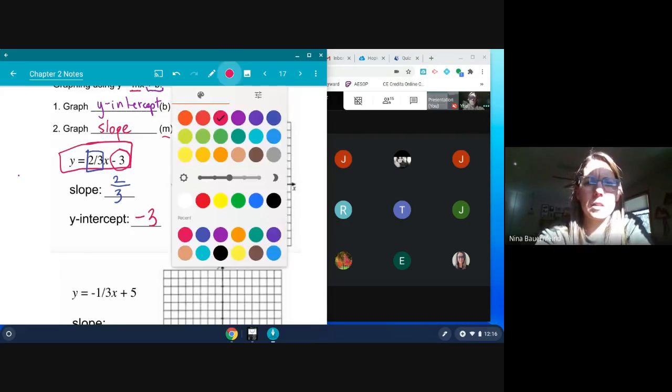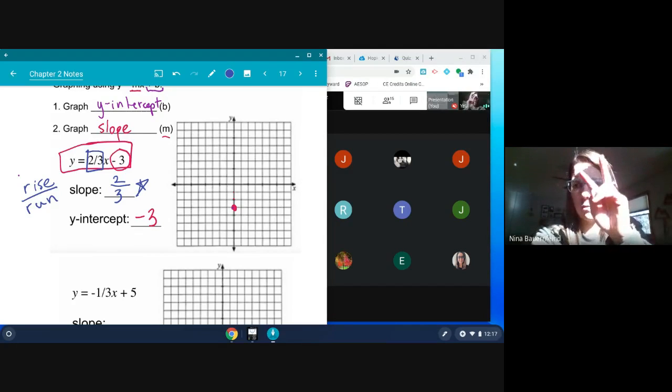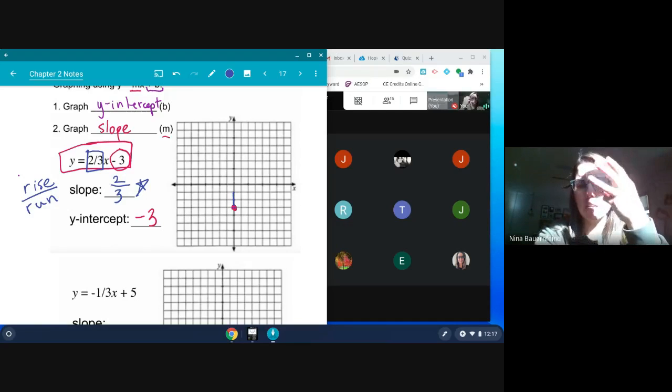Then from here, we're going to use the slope. Slope is rise over run. So we're going to rise 2 and then run 3. 1, 2, 3.